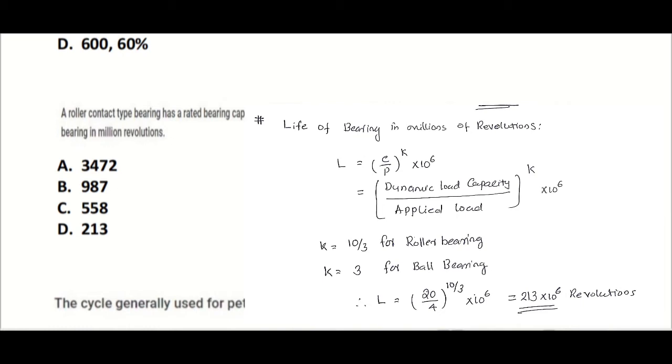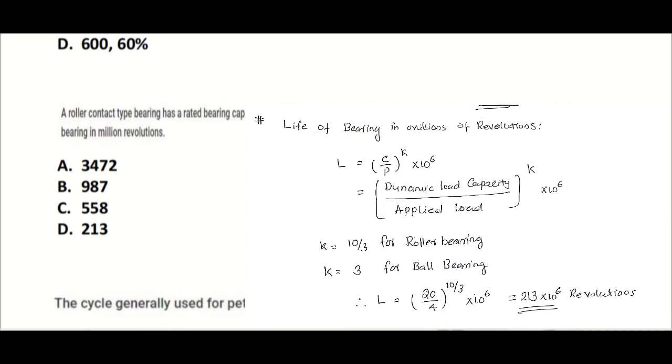Okay. Here, the life of the bearing in millions of revolutions, the equation for that is L equal to (C by P) the whole raised to K into 10 raised to 6. Here C is the dynamic load capacity and P is the applied load.